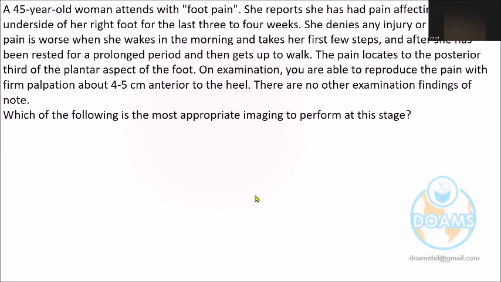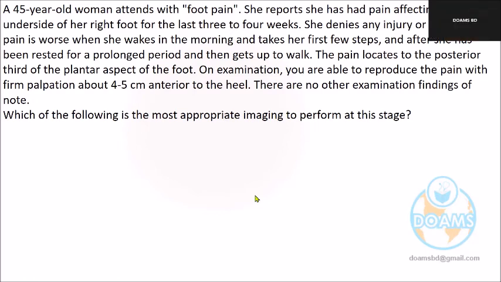The pain is worse when she wakes in the morning and takes her first few steps, and after she has rested for a prolonged period and then gets up to walk. The pain locates to the posterior third of the plantar aspect of the foot. On examination, you are able to reproduce the pain with firm palpation about 4 to 5 centimeters anterior to the heel. There are no other examination findings of note. Which of the following is the most appropriate image to perform at this stage?